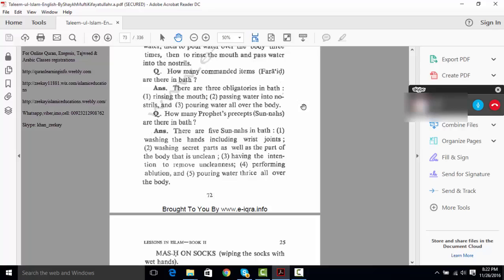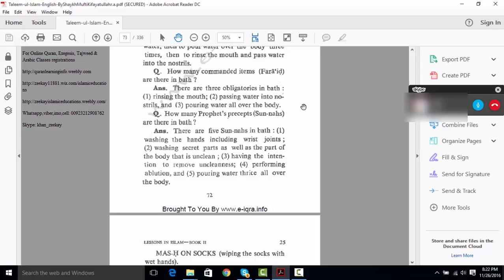So we should do these three things necessarily. Understand? Number one is rinsing the mouth, number two is passing water into nostrils, and number three, pouring water at least one time all over the body.